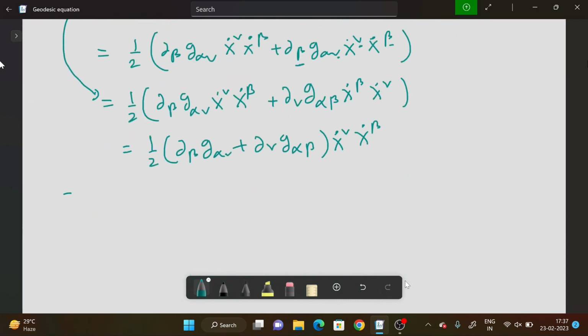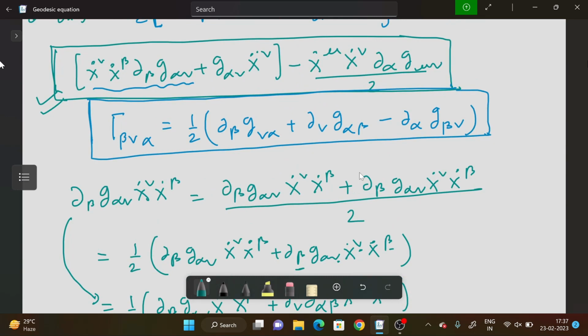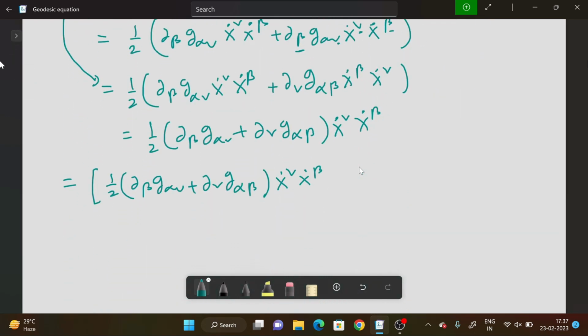We'll have to write 1 upon 2 of d beta g alpha nu plus d nu g alpha beta, everything outside as it is, and then we had a g alpha nu x double dot nu.